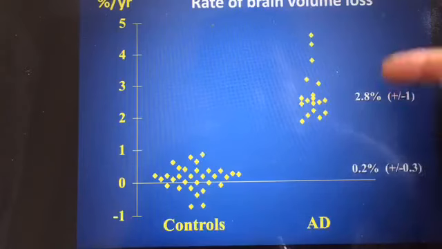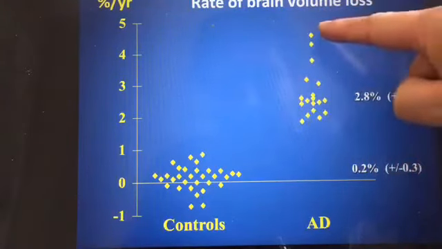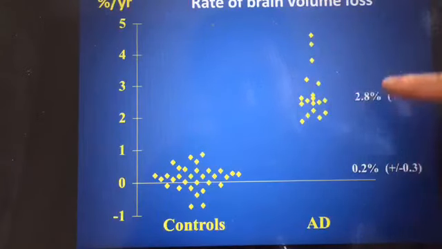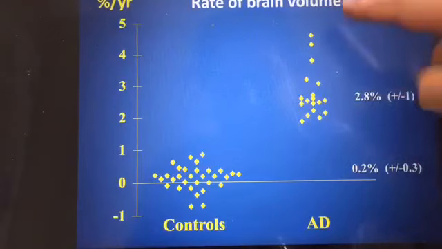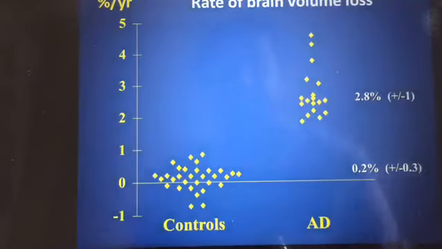And what we see here is a major clustering of almost as high as 5% to maybe as low as 2 to 3%, the average of course being 2.8% plus minus 1%. So you can see these differences between these two, right? What that tells us is that as compared to controls, patients with Alzheimer's dementia have a higher rate of brain volume loss in percentage terms on an annual basis.